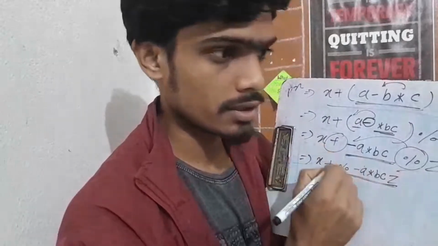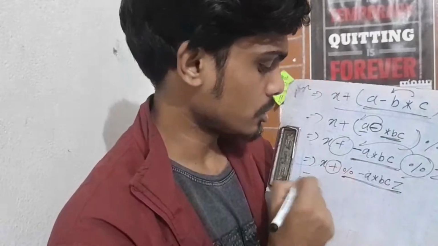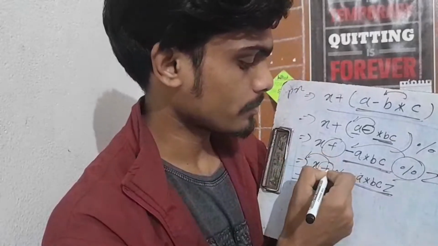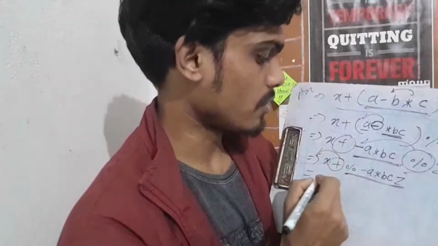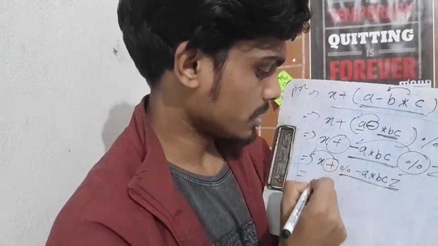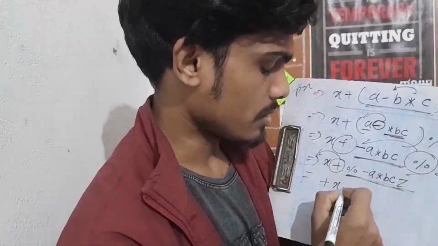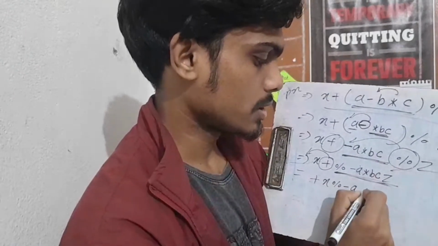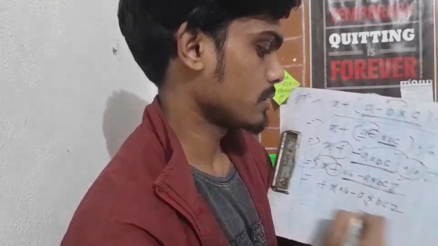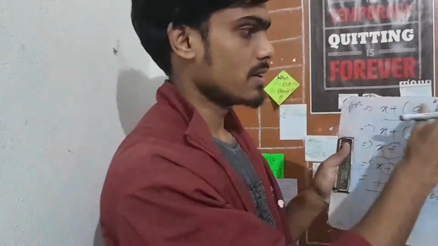It is not an operator here. So where is the operator? The only one is this plus sign. So now we have to place it at the beginning of the whole expression. So this plus, now x, then all this operand: modular minus a asterisk b c z. So this is the final simplified form of this bigger expression.